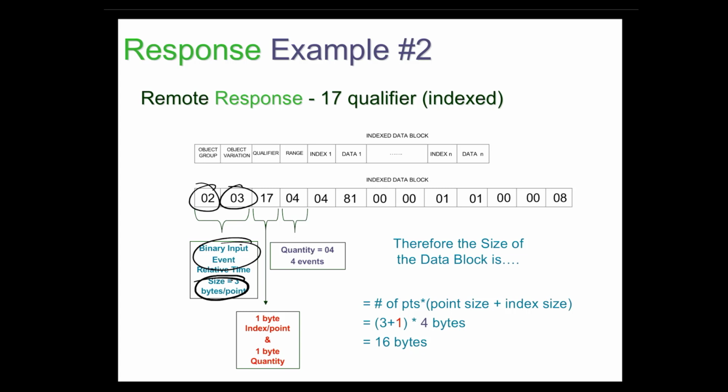So if we look at what's going on here, we've got a qualifier of 17 that's saying the quantity or number of points that we want from this object group number and this variation is 4 points. So with 4 points, we would have 4 points to follow here, and of course we'd have to look it up in that document. So keeping it simple.